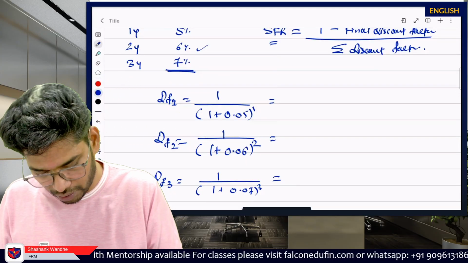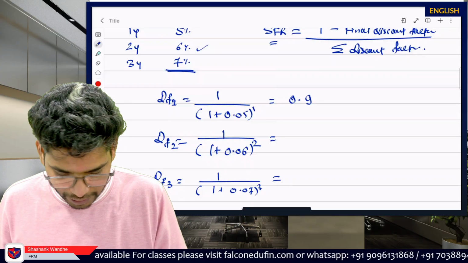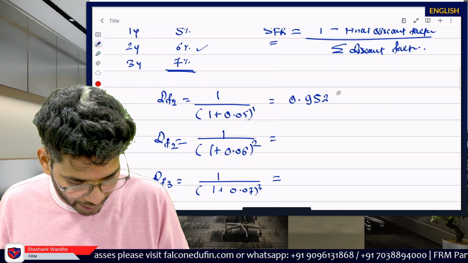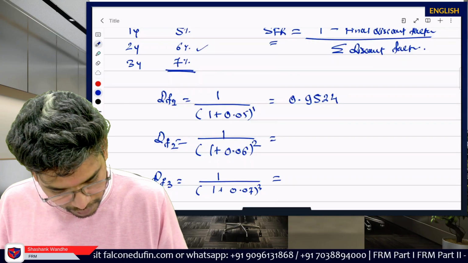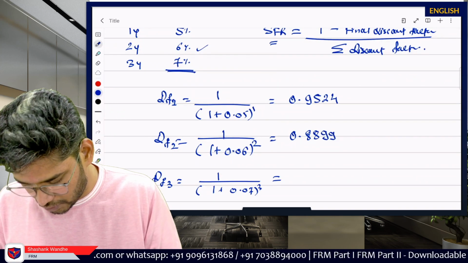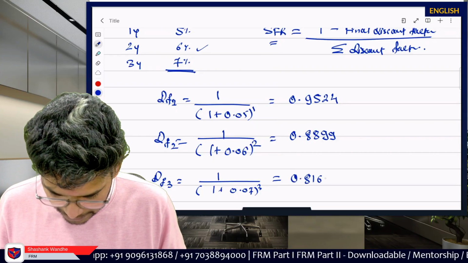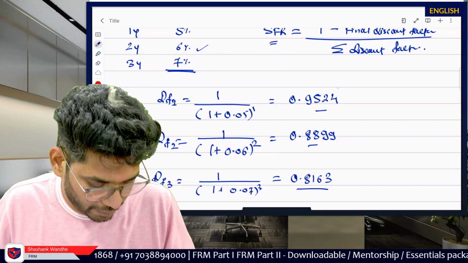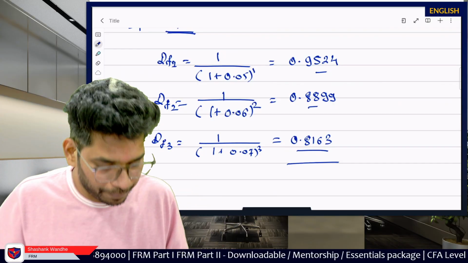I'll do the calculation. Just a second. 1 divided by 1.05 equals 0.9523, or we can take it as 0.9524. Then for 1.06 squared, it is 0.8899, and then 1.07 to the power 3 gives 0.8163. So these are the discount factors applicable for each period: first year, second year, and third year.